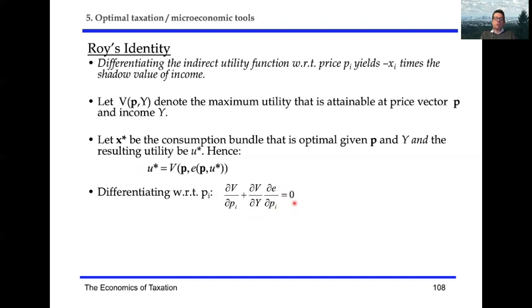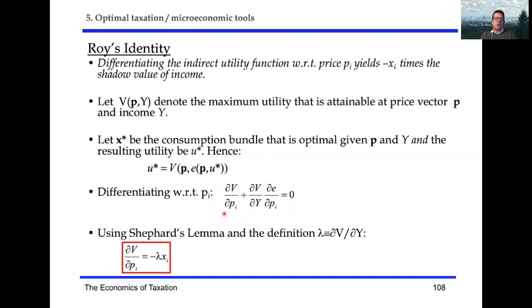So now we're almost done. The only thing that we need to do is rewrite this equation. We keep this partial on the left-hand side. Then we rename this here and say, it is the change in the indirect utility that is induced by a small marginal change in income. So we call that the shadow value of income and denote it by lambda.